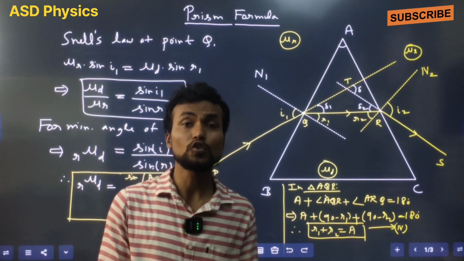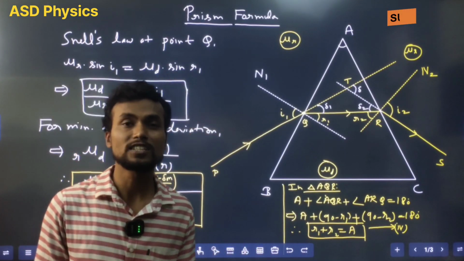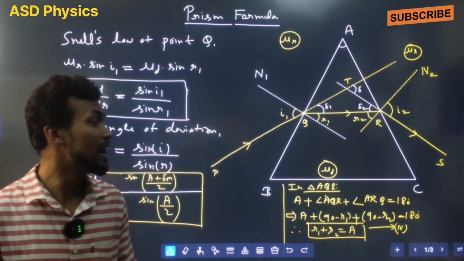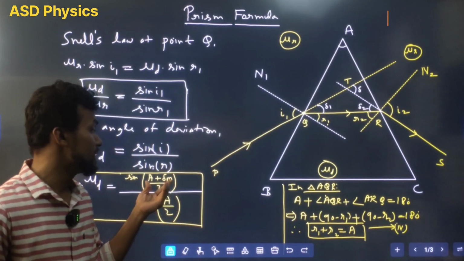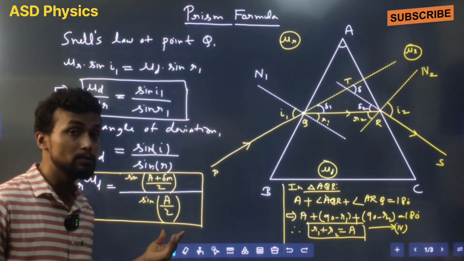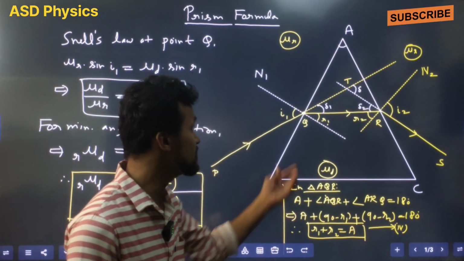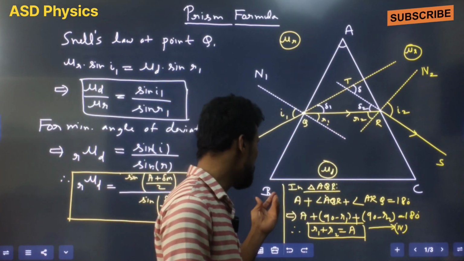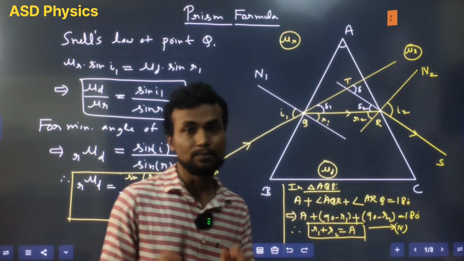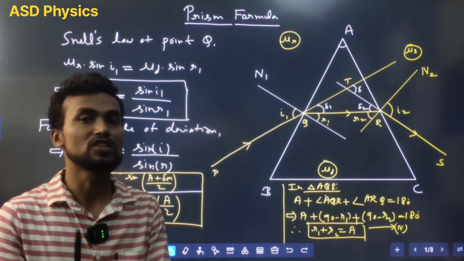After that, I told you the minimum angle of deviation conditions. There, we got two conditions: first, i equals (A plus delta minimum)/2, and r equals A/2. And one more thing, for minimum deviation the third condition is that the ray QR will be parallel to the base BC. These three conditions we use only in the minimum angle of deviation condition.